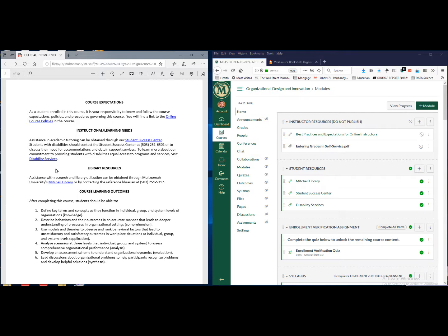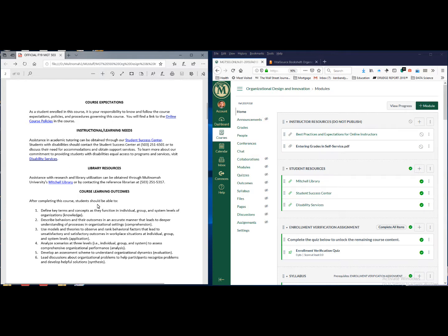So please click on the Disability Services link, follow the policy. That will help us make sure that we're creating a fair playing field for everyone, that those who require additional time on tests or different testing environments can get that, where we can make that convenient for those who need it, but not for everyone, right? Library resources, you can click there.